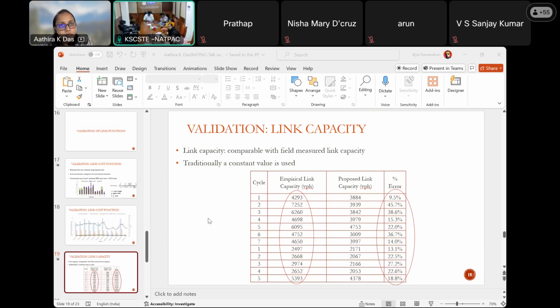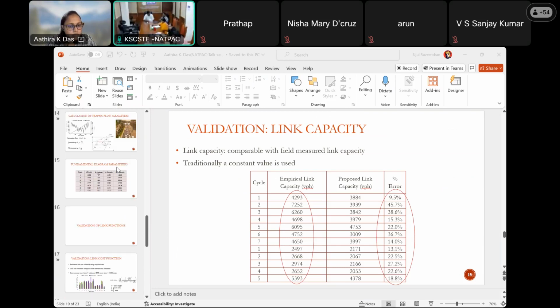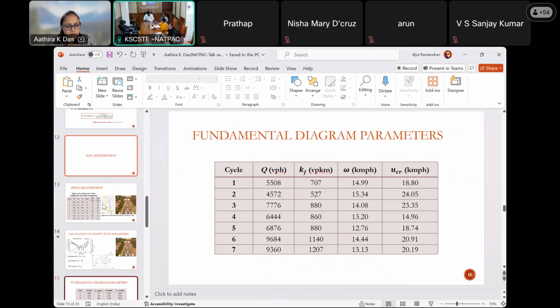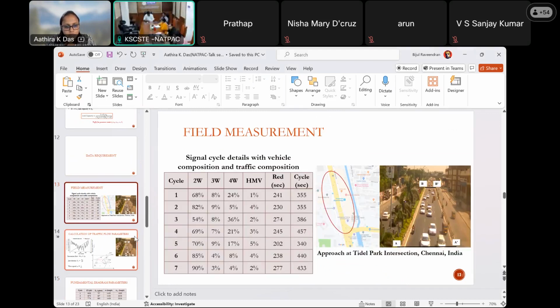Is it specific to anything regarding the composition effect? Because in slide 13 I could see the composition was varying for two-wheelers up to around 90%. So is there any influence of a typical vehicle category, if it is high in composition, on this error varying? Have you done any analysis on that front?